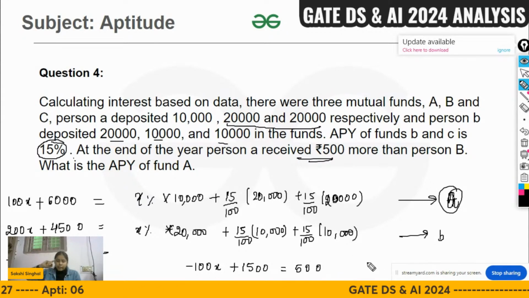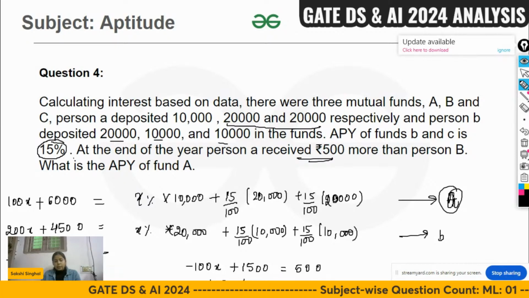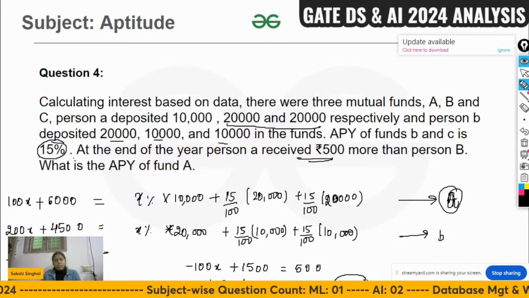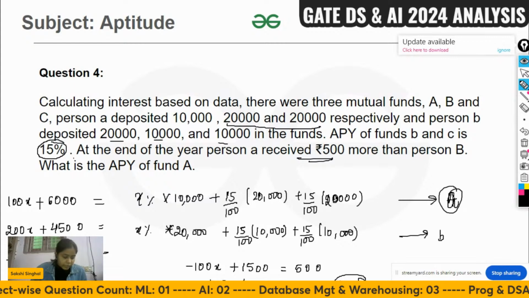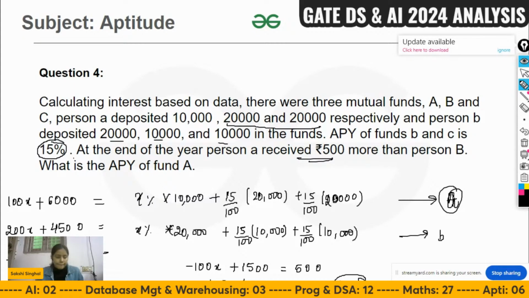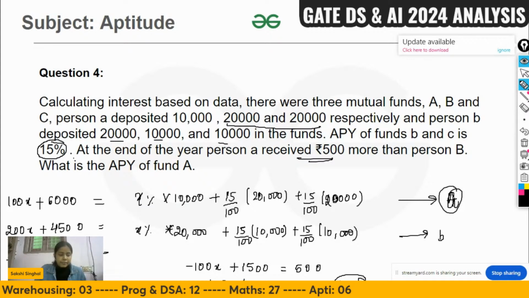Person A gets 500 more than person B, right? So if I solve this, I'll get 100x is equal to 1000. So that gives me x is equal to 10. That means I'll get 10%. Right? So 10%, right, Jignesh and Anupam, 10% is the right answer here. Yeah, right. 10% is the answer, guys.